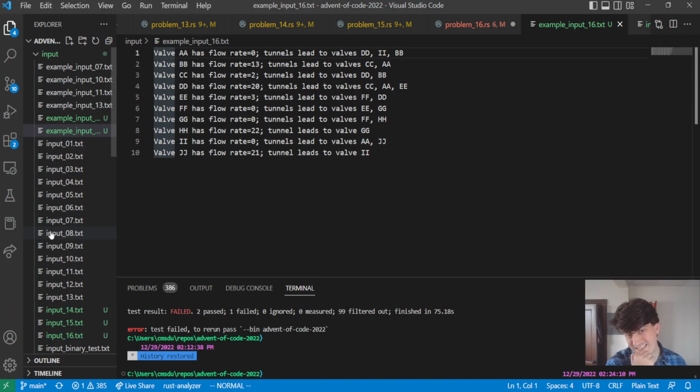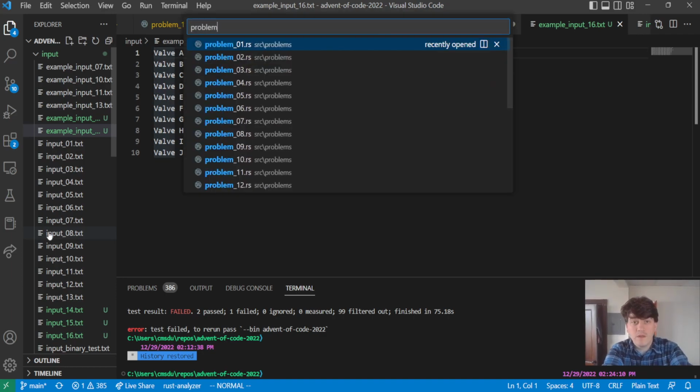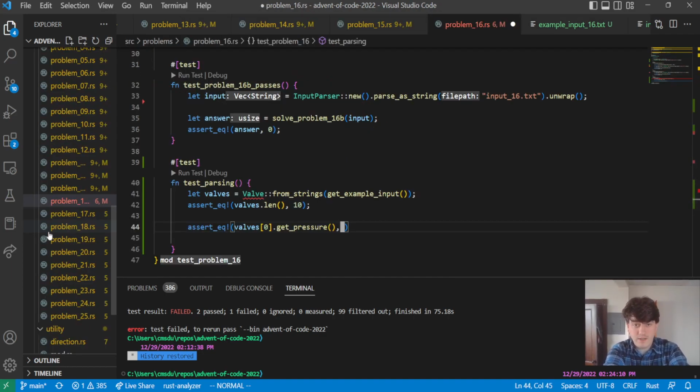And I guess the other thing is that in theory we can end at any valve. So we have to check every ending point. But okay, I still think this is the right approach.